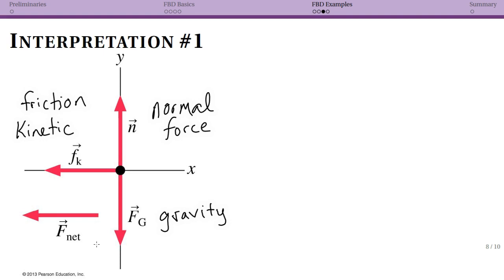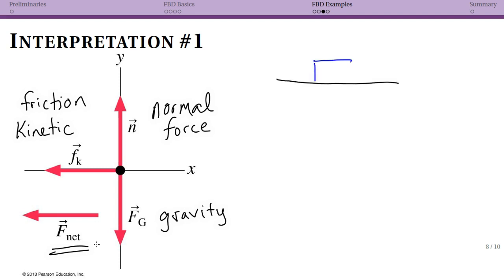So that means that I know that it's moving, at least with respect to the surface that it's on. And I see down here that I have a net force to the left, and so that means that it must be accelerating to the left. So, what might this look like? Well, one thing that this could be, we've already seen, right?